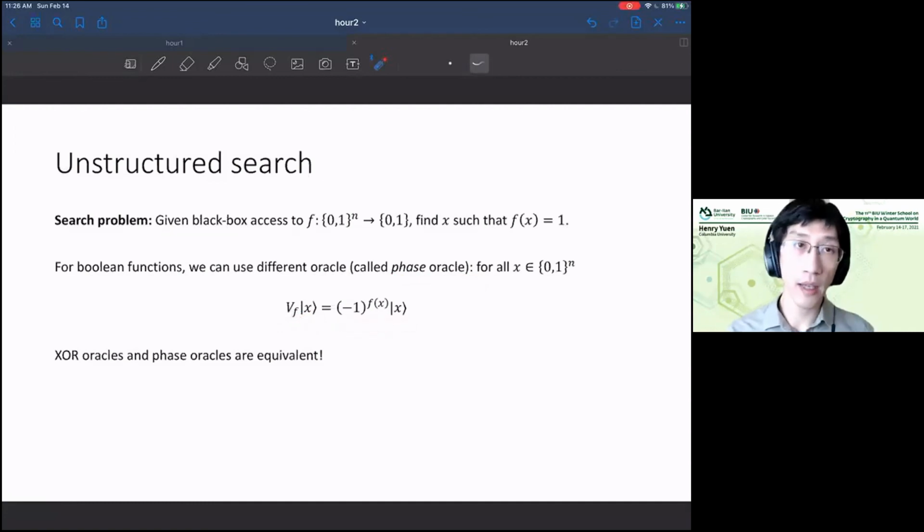The phase depends on the value of f of x, so it multiplies it by -1 to the f of x. It's a different definition of oracle, but it turns out that the previous oracle, called an XOR oracle, and phase oracles are equivalent. You can construct a circuit going back and forth between the two. So we're just going to use this V sub f instead.